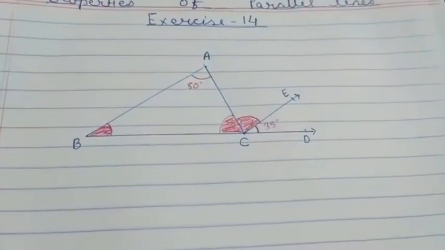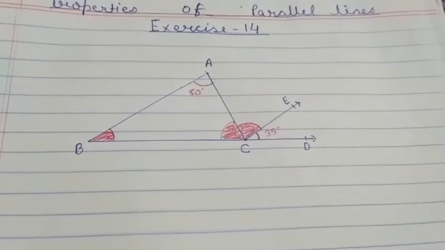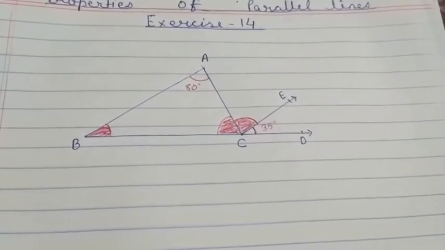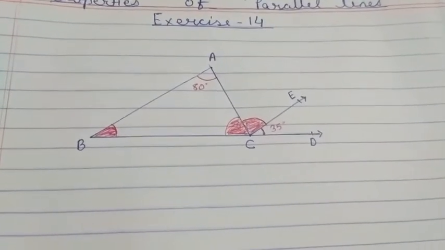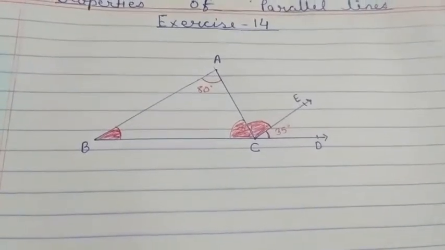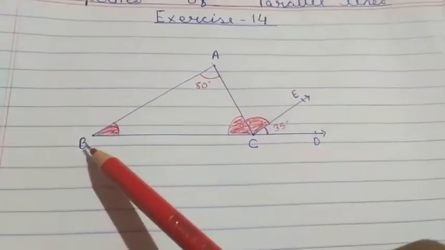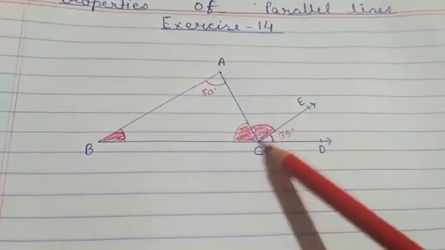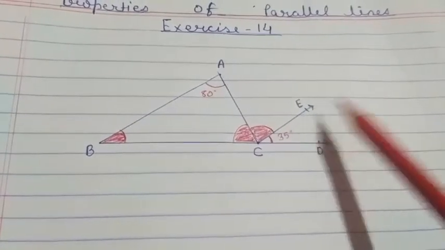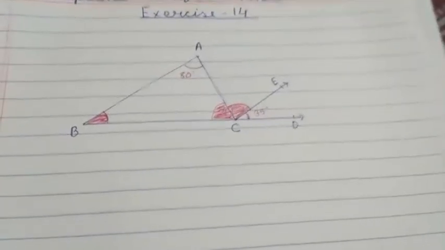What is the first thing here? Just look at the figure carefully. The question says BA is parallel to CE. So I use a paper here.